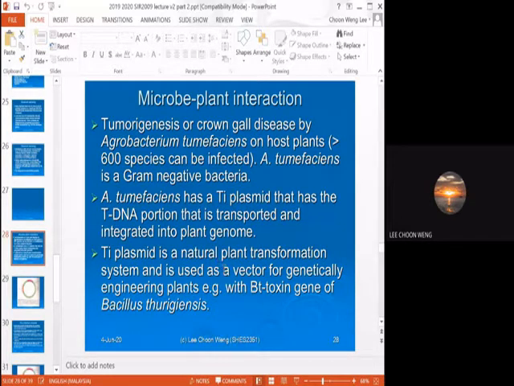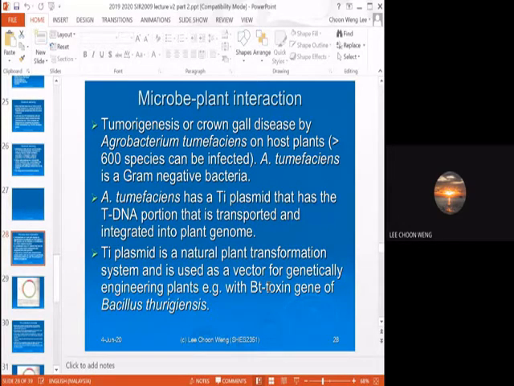So it has been used as a vector to genetically engineer plants. Example, the Bt toxin gene of Bacillus thuringiensis has already been used to transform certain plants into having this Bt toxin.